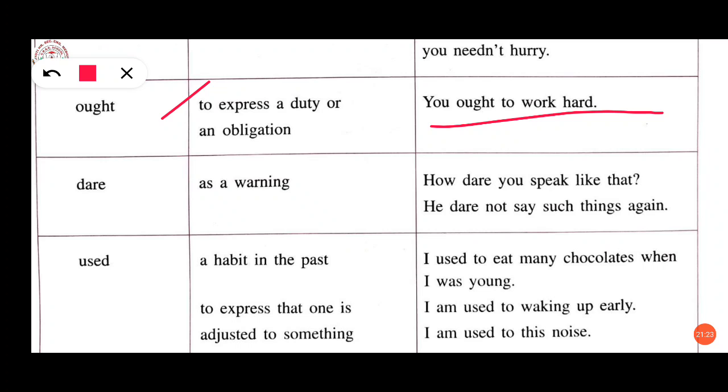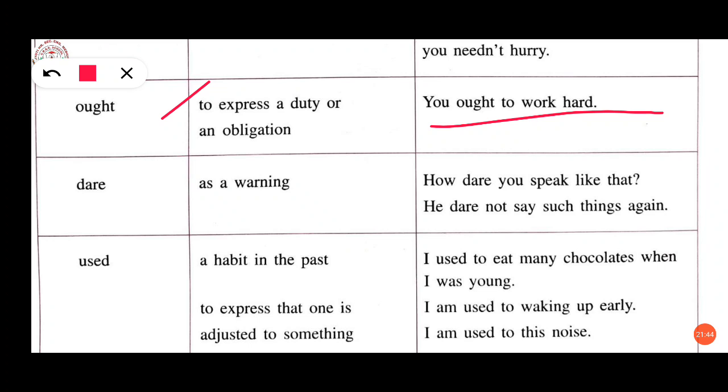Means to express our duty, we should not cut down the trees, as because of cutting down the trees the pollution is increasing, global warming, everything is getting spoiled. So here it is given where to use ought: to express a duty or an obligation.